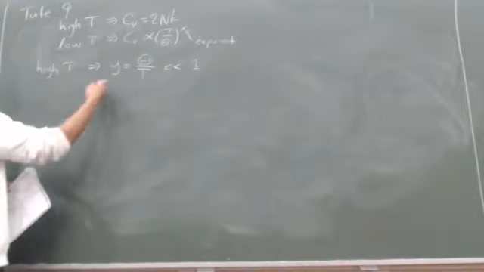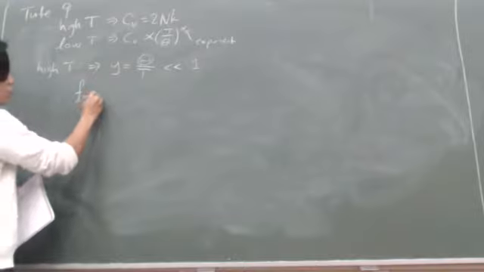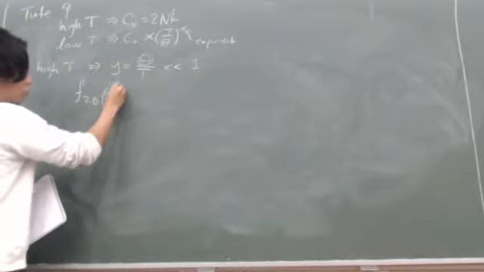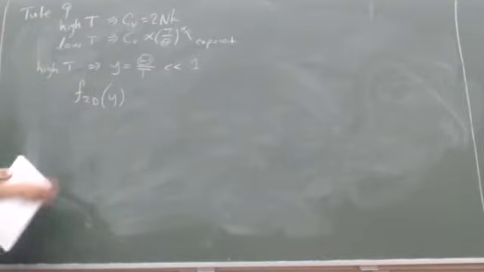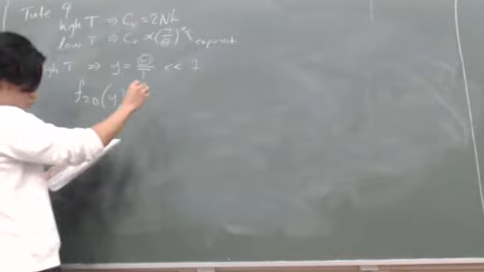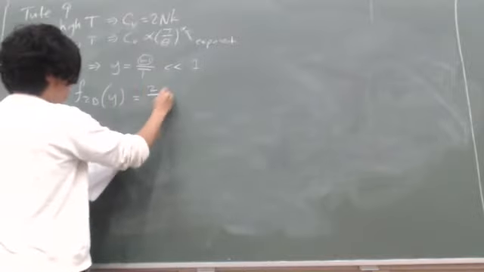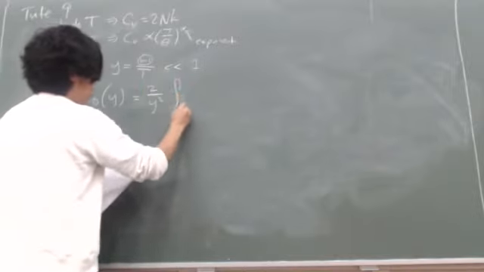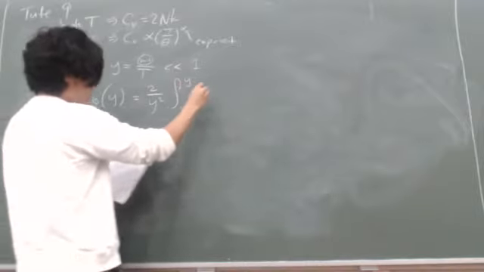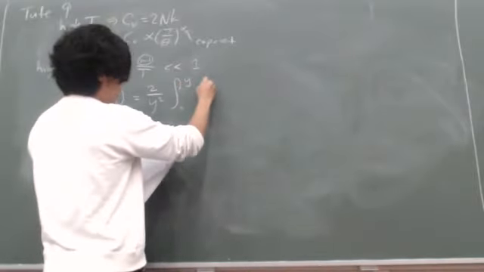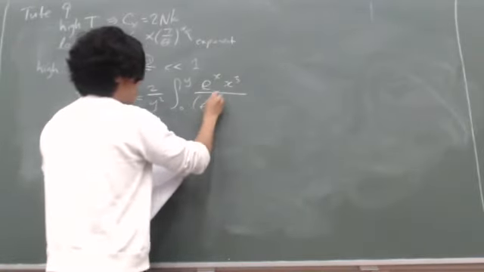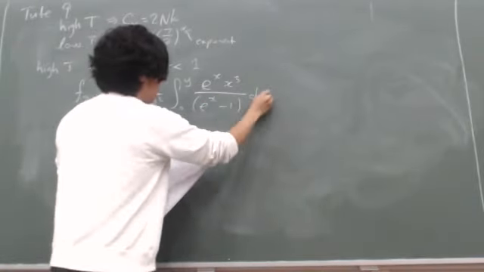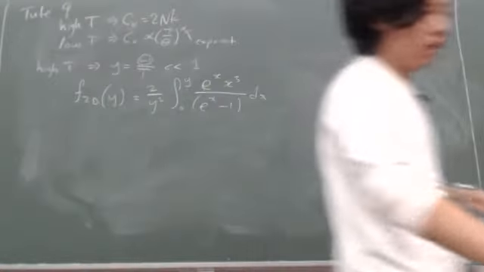So if we write f2d as a function of y instead of theta over T, it's pretty much exactly the same, except now you're calling something y instead of theta over T. So that's equal to 2 divided by y squared, integral from 0 to y of x cubed e to the x over (e to the x minus 1) squared dx. Literally nothing's changed.